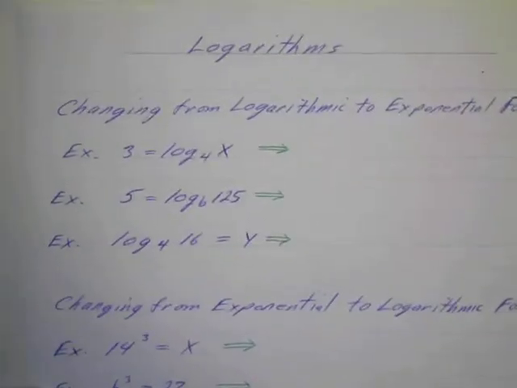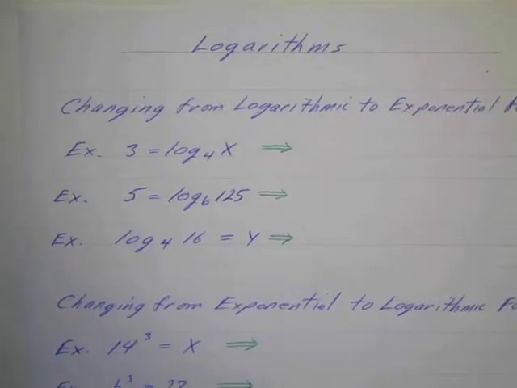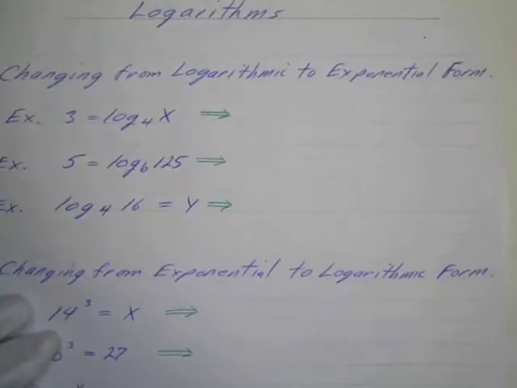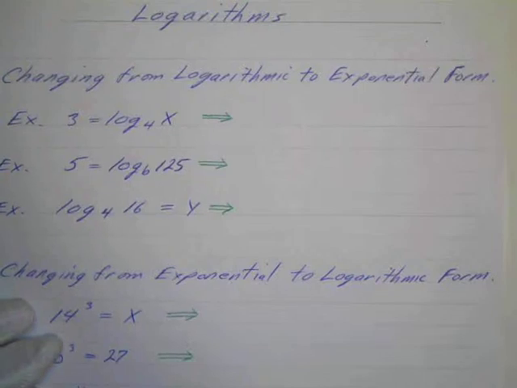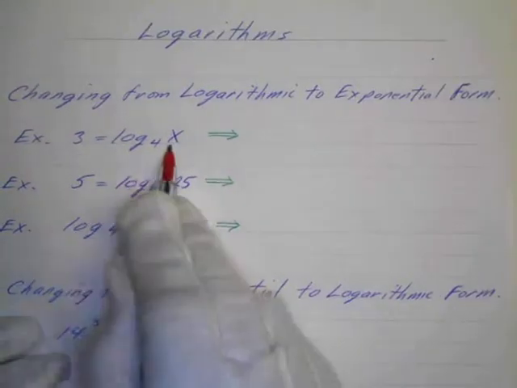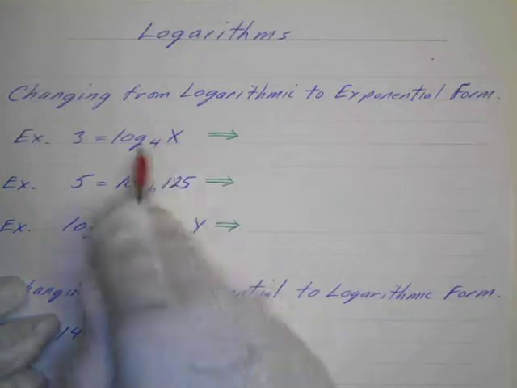Okay, so first we're going to write these. Changing logarithms to exponential form. We're changing from logarithmic to exponential form. So this is in logarithmic form. So again, what's my base? My base is 4.